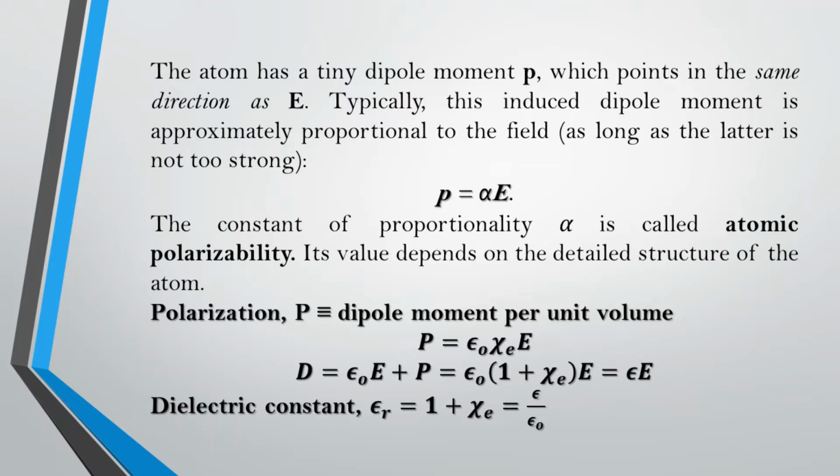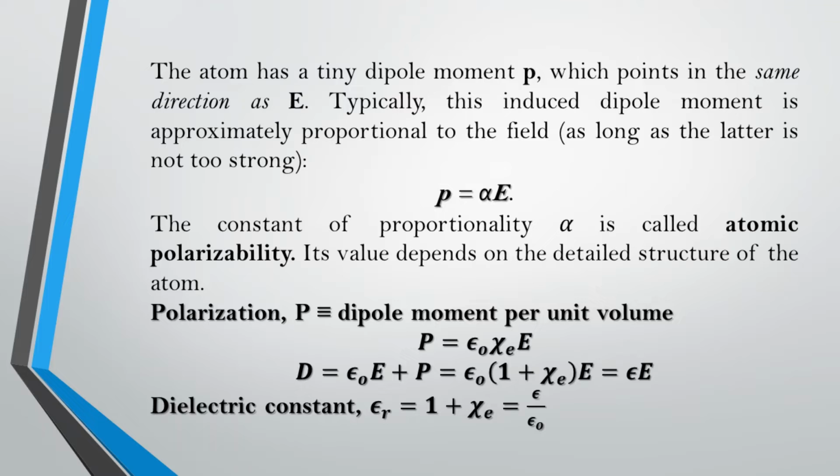That's why it is induced. This induced dipole moment is proportional to the field. So we can say that small p vector is equal to alpha E, where alpha is called polarizability. It is a material dependent property. It depends on the structure of these atoms.